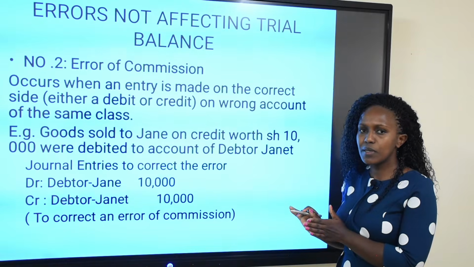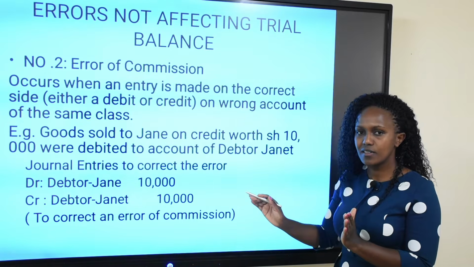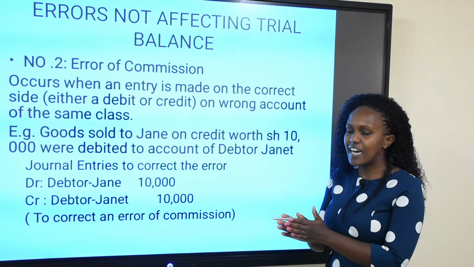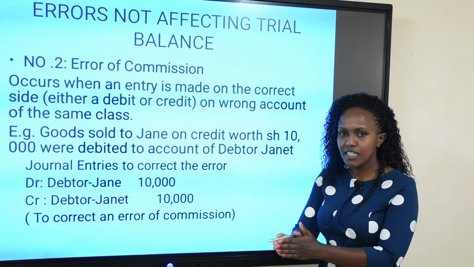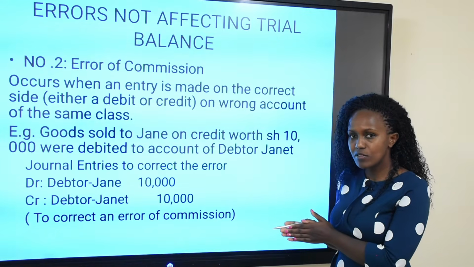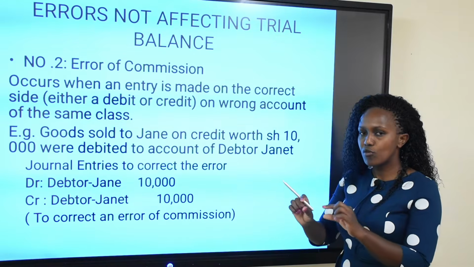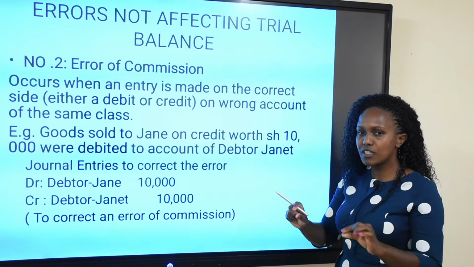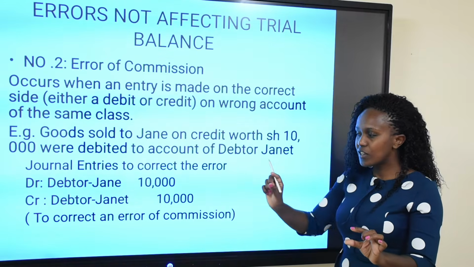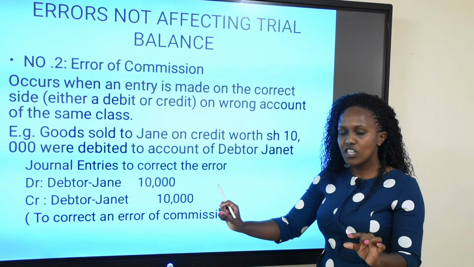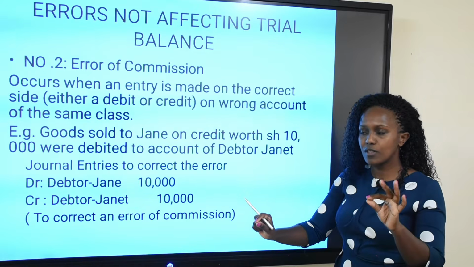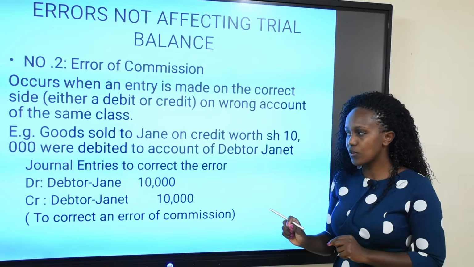So, by simply saying plus 1 minus 1, the effect is 0. If debtor Janet was debited by mistake, we are going to credit debtor Janet by an equivalent amount so that that account is offset, or cancelled. So we debited 10,000, now we credit 10,000 to the account of debtor Janet, and they balance off. One is positive 10,000, the other one is negative 10,000.